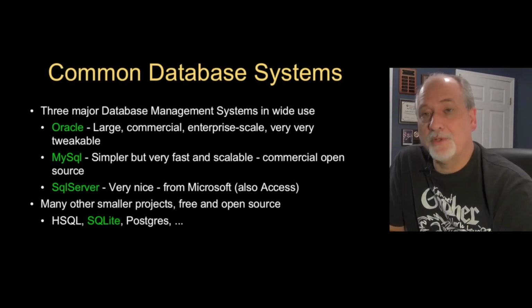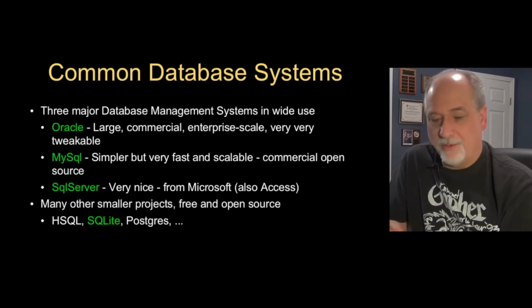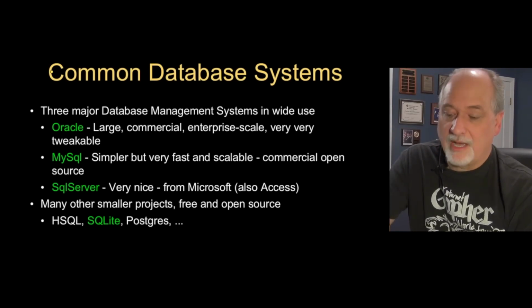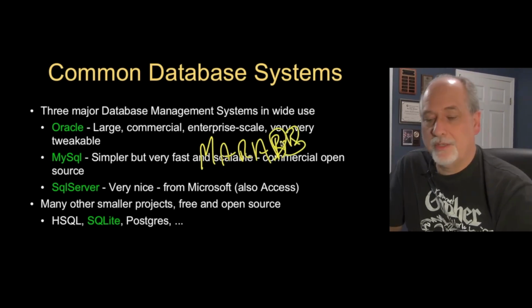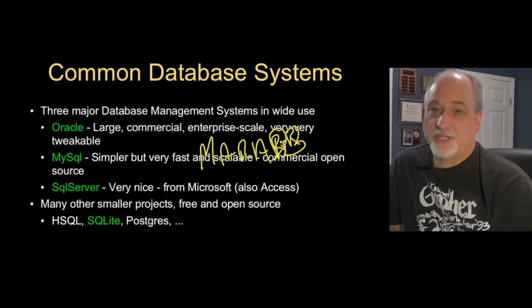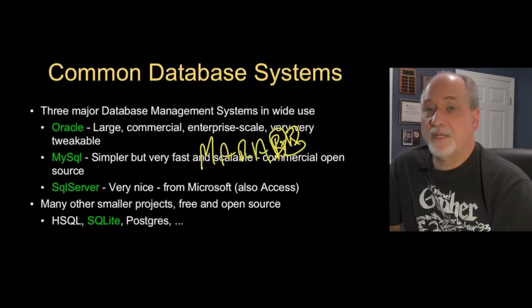The more popular open source ones are Postgres and MySQL. MySQL was recently bought by Oracle, and there is a copy of that called MariaDB that doesn't belong to Oracle.